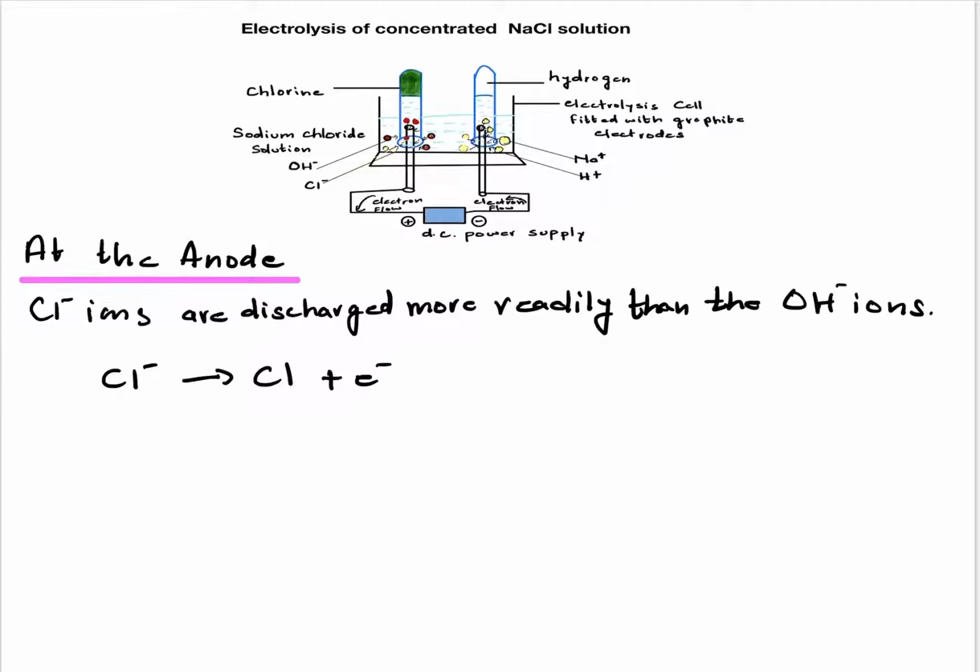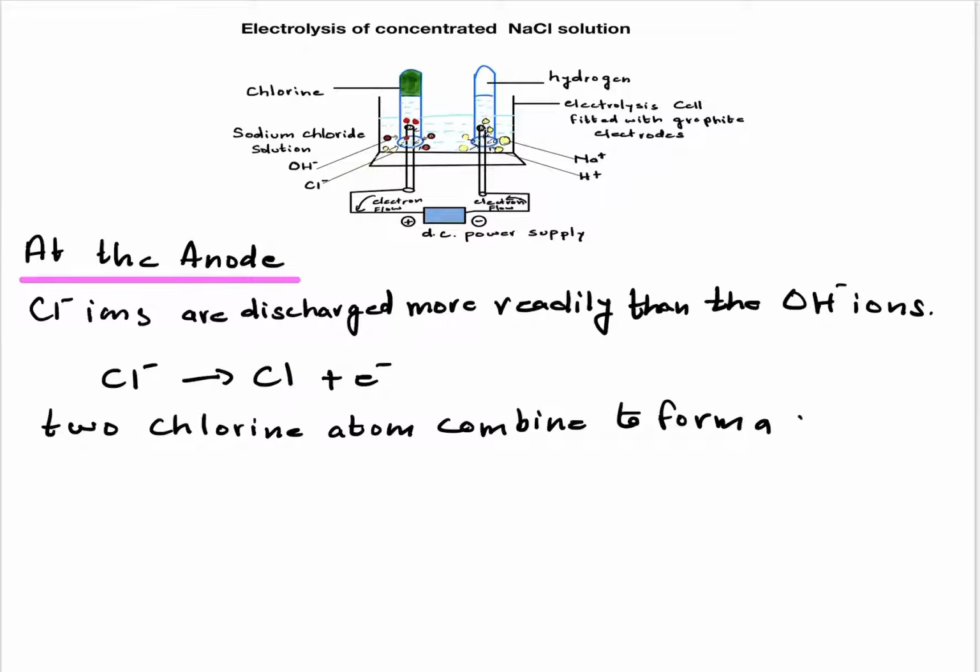So what we see is two chlorine atoms will combine to form a chlorine molecule. So we can show it in the equation.